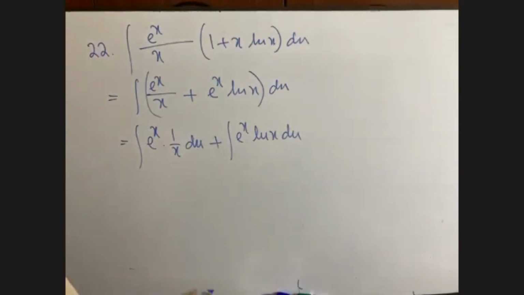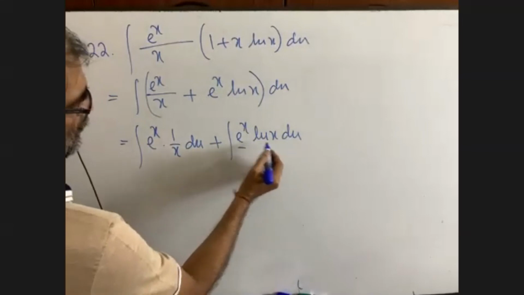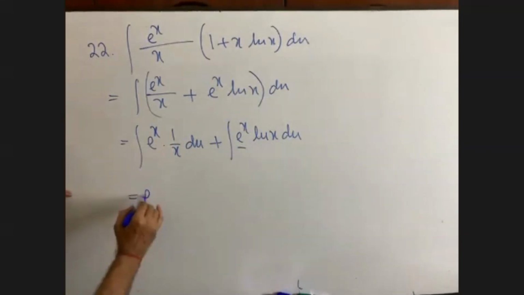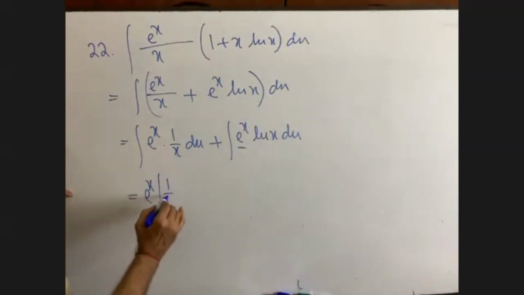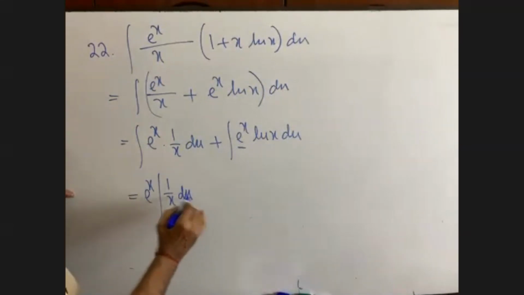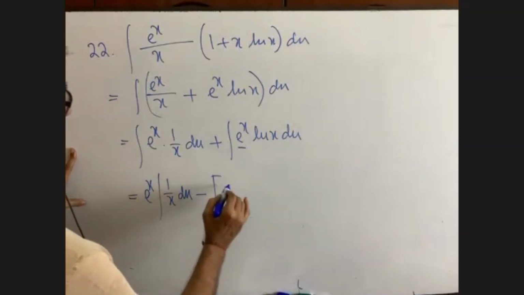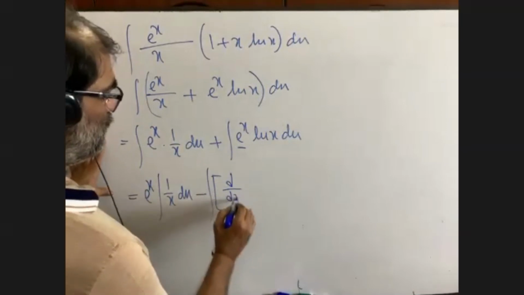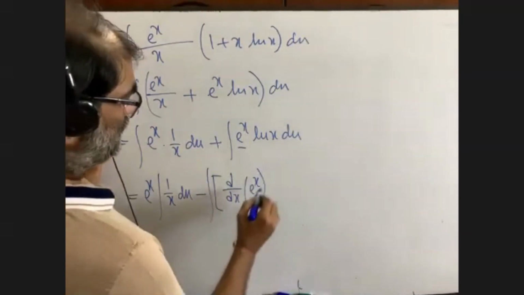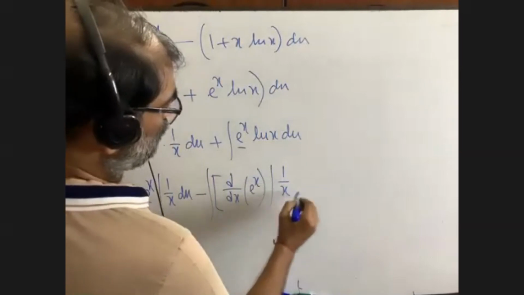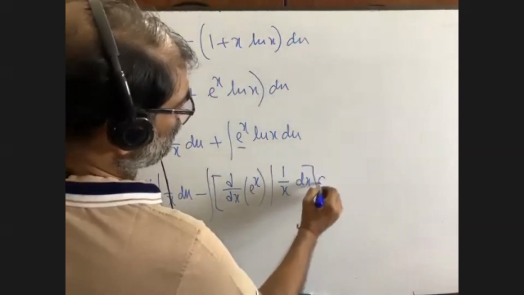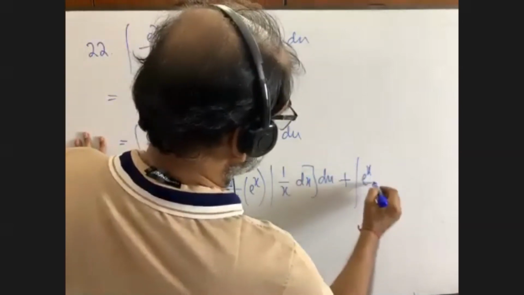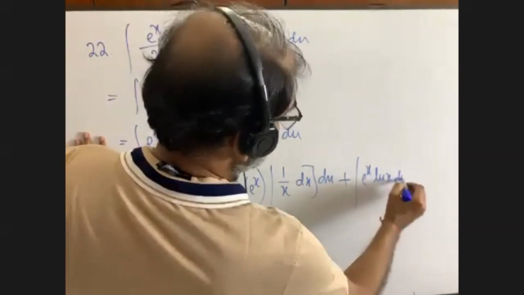For this math, in this portion, I am going to let e to the power x as u. So e to the power x, it is 1 by x dx minus the integration of d by dx of e to the power x times the integration of 1 by x dx, third bracket close, this is dx, plus e to the power x ln x dx.